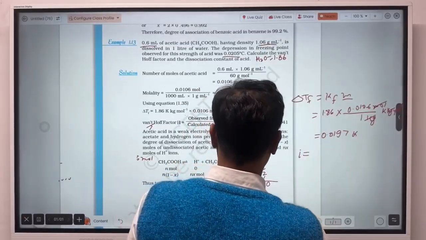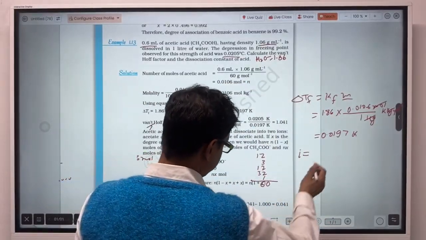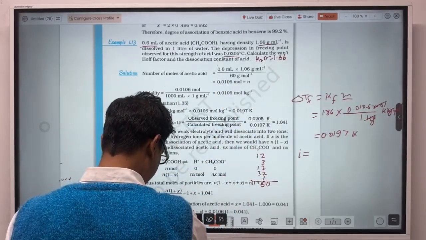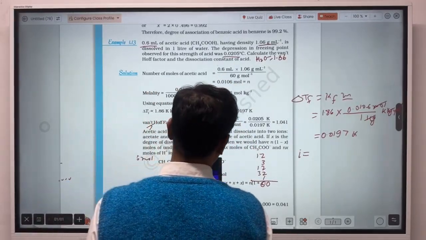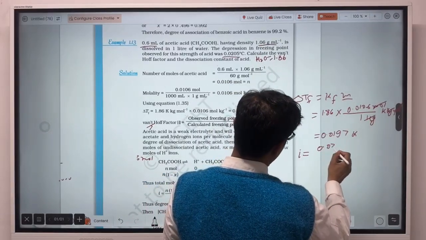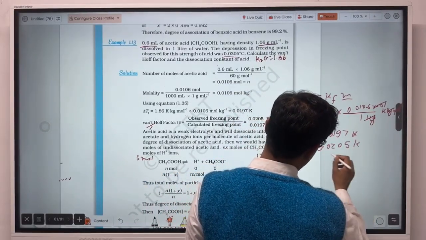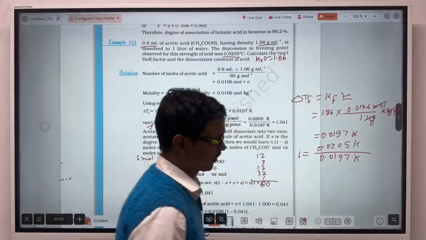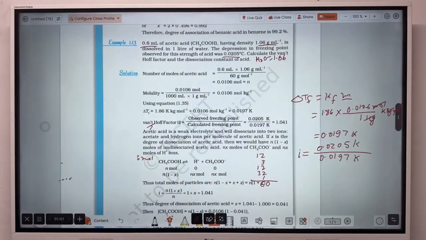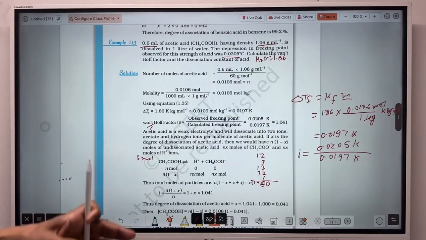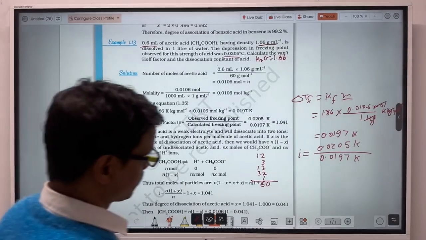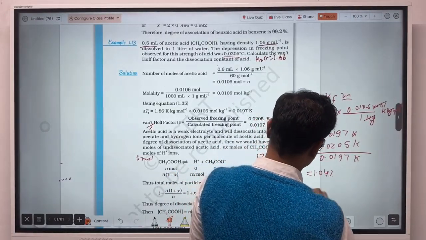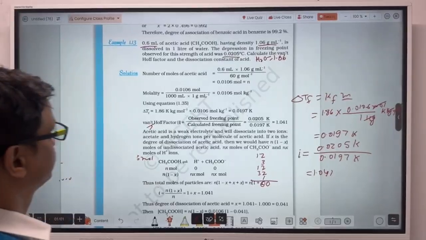So delta Tf is 0.0205 Kelvin. Also you can consider this: 0.0205 Kelvin divided by 0.0197 Kelvin. That comes to 1.041. The van't Hoff factor is that much.